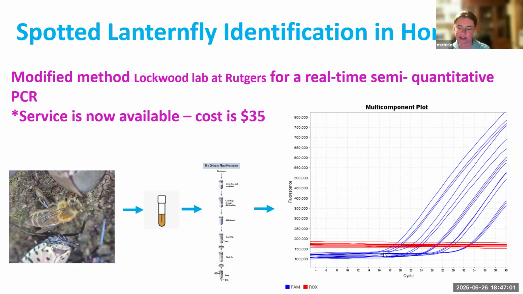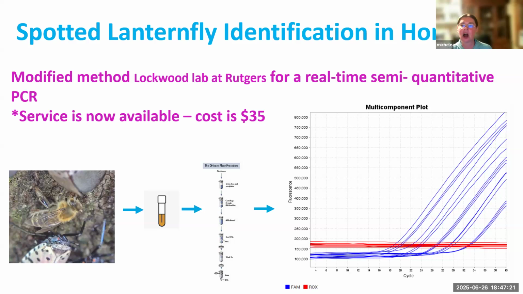One of these samples started showing up at cycle 16. And then we have a sample that didn't show up until much farther down in the process at cycle 34. So where my instrument is able to detect it gives you some idea of the total amount of spotted lanternfly DNA in your sample.